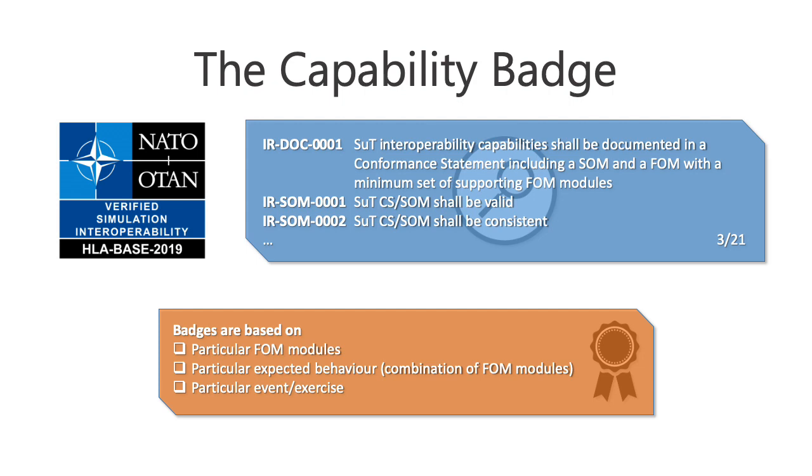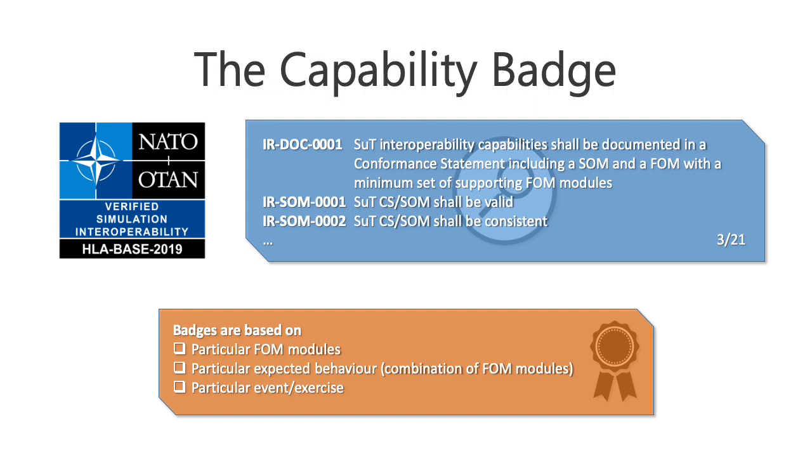Each interoperability requirement describes one particular interoperability feature of a simulation system, as you can see here. And those features can be tested by a tool, the IVCT tool, or that is something that has to be verified by a human in person.